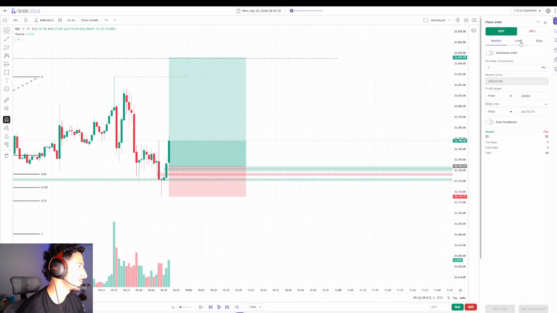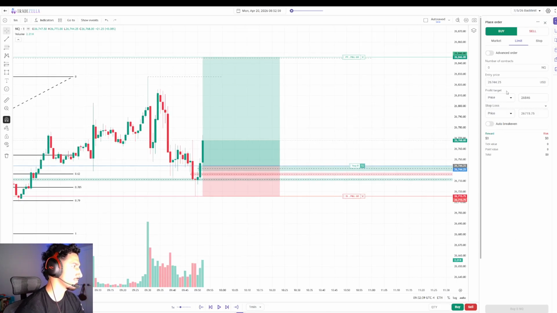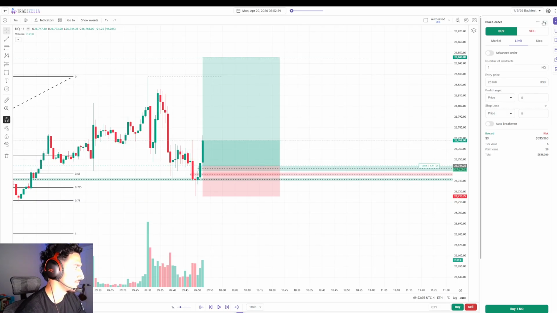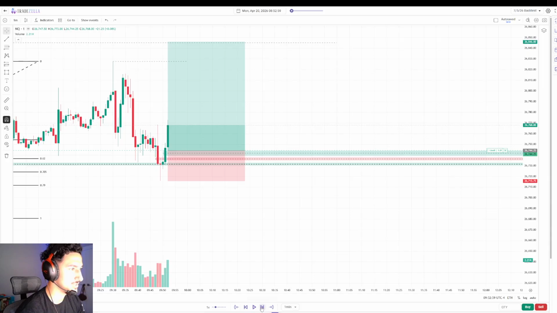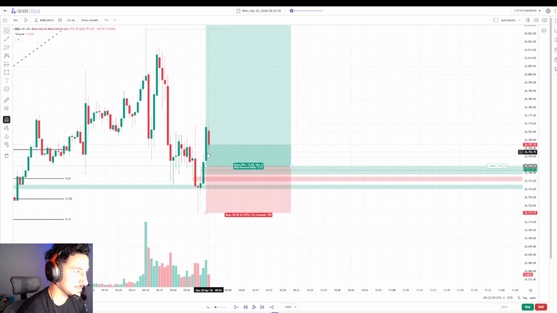So if we went to place a limit right here for 1 mini, go and set that. Let's see if we get this retrace into here. Now, what we've got here is another gap that's opening up.